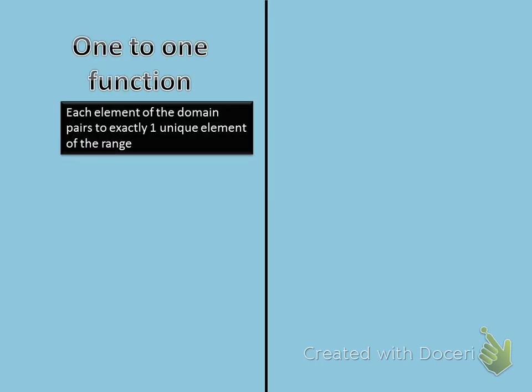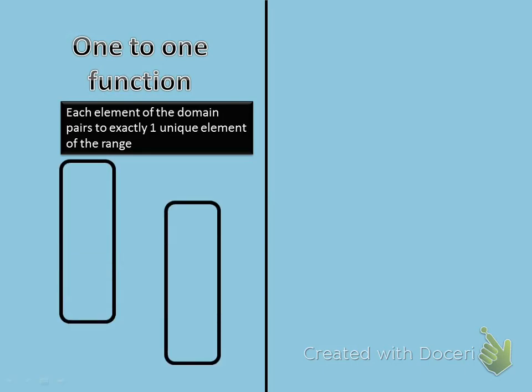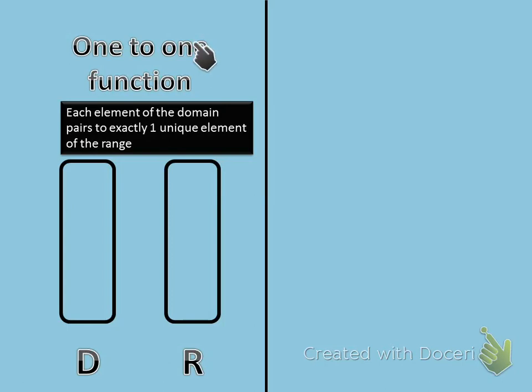Alright, so here's your two types. Alright, the first type, and the first weird new verbiage kind of, is called a one-to-one function. Okay? It's called a one-to-one function. It's where each element in the domain pairs to one unique element of the range. Alright, now I just want you guys to write down this definition. That's it.